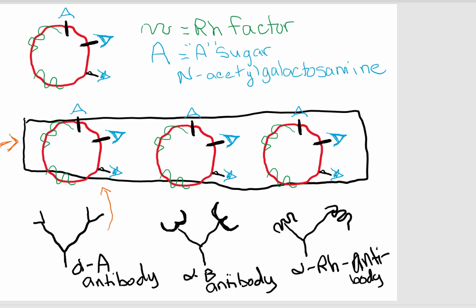To the second blood drop, you add anti-B antibody. And to the third blood drop, you add anti-Rh antibody. Sometimes anti-Rh antibody is also called anti-D as in dog, or anti-Rho, meaning R-H-O. So it has different names.